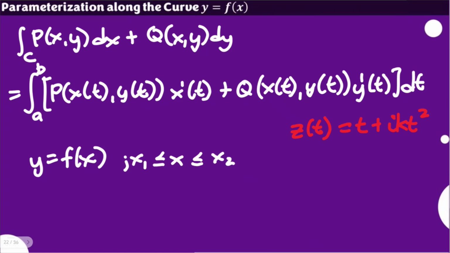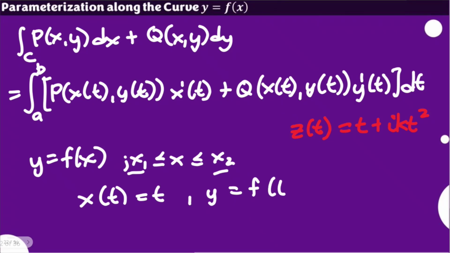These are the endpoints. This is how we parameterize the situation. Our x of t would be t itself, and then your y is your function of t, where your t is between, again, x sub 1 and x sub 2.